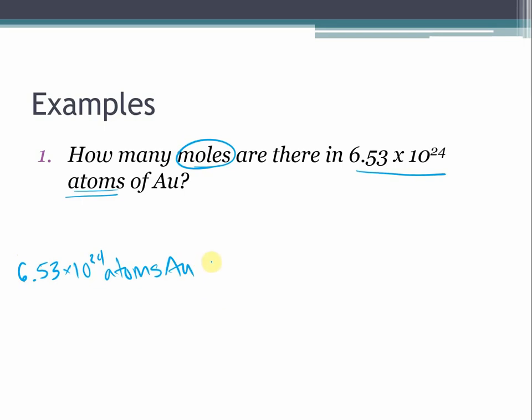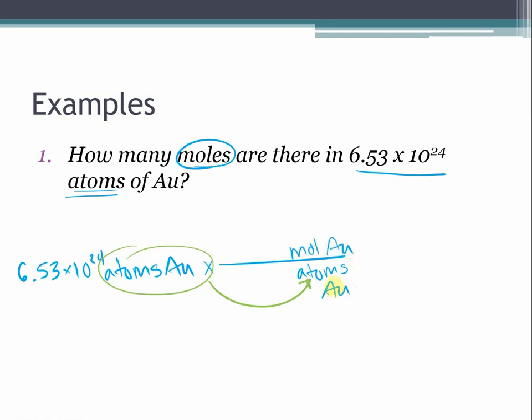Start with what you know, times a fraction. What goes up must come down. So we'll bring our atoms of Au down. We're trying to convert to moles, so we'll bring moles of Au up.